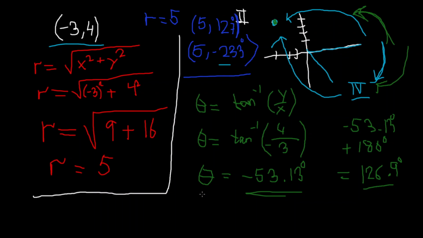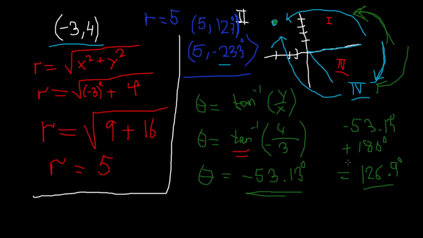So that's why we need to be careful in which quadrant our point is. Because our tangent function will only give you points from the first quadrant and the fourth quadrant.